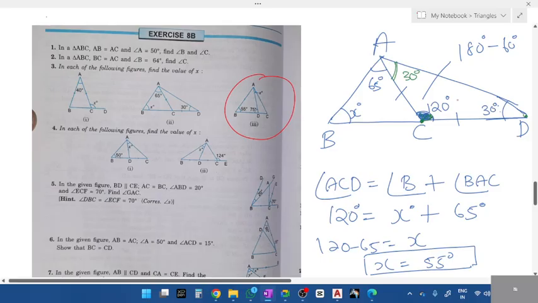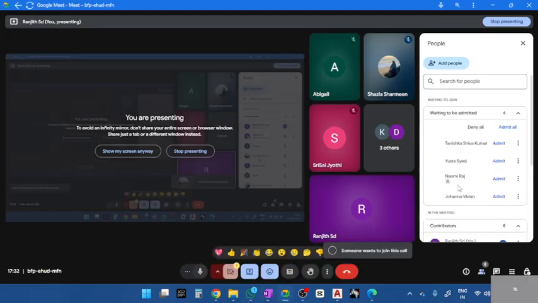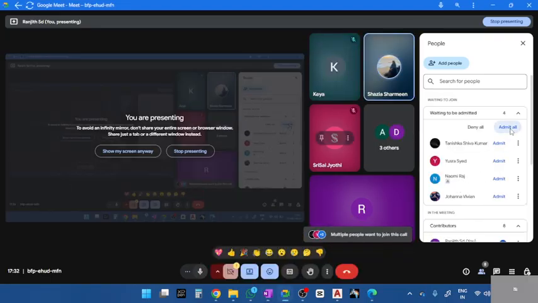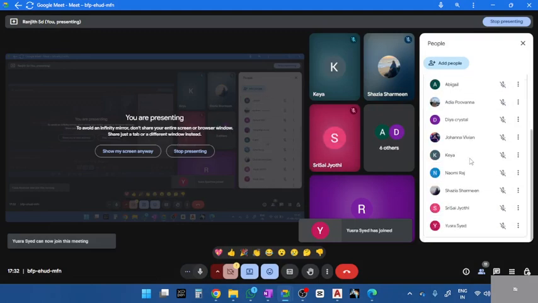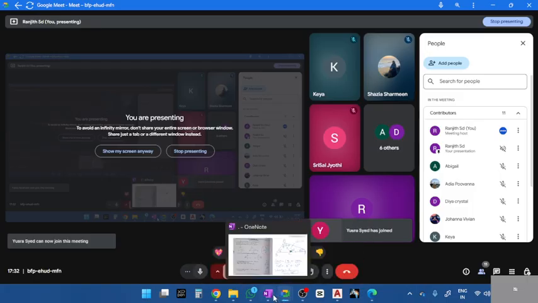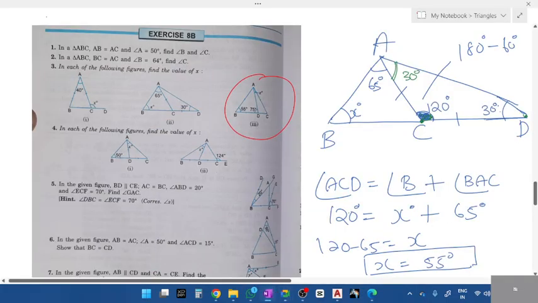And from that 120, we enter into the first triangle. From the second triangle, enter into the first. Fine. Try the third question for homework.